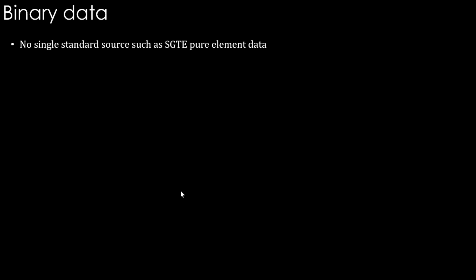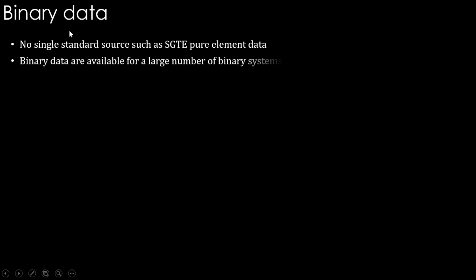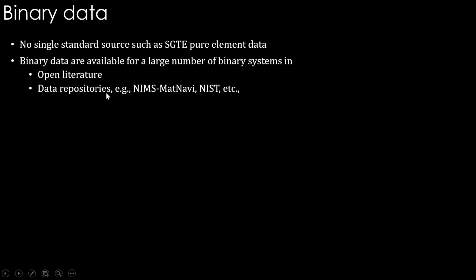So when it comes to the sources, there is no single standard source such as SGTE for pure elements. There is no single standard source for binary data. However, binary data are available for a large number of binary systems in different sources. One, open literature, and then data repositories, for example, NIMS, MATNAVI, NIST, etc. Then commercial and open source multi-component databases.